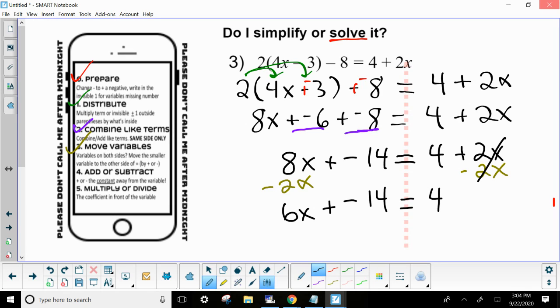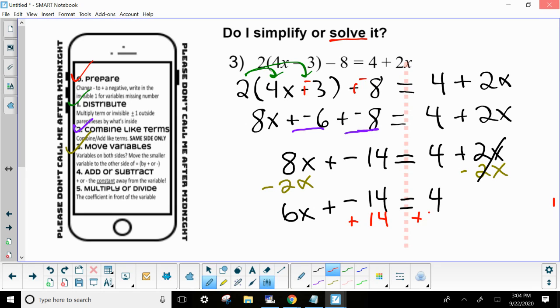Next we need to add or subtract the constant away from the variable. So I need to take this plus minus 14 and bring it over to the other side. I am going to do the opposite of that, which is to add 14 to both sides.